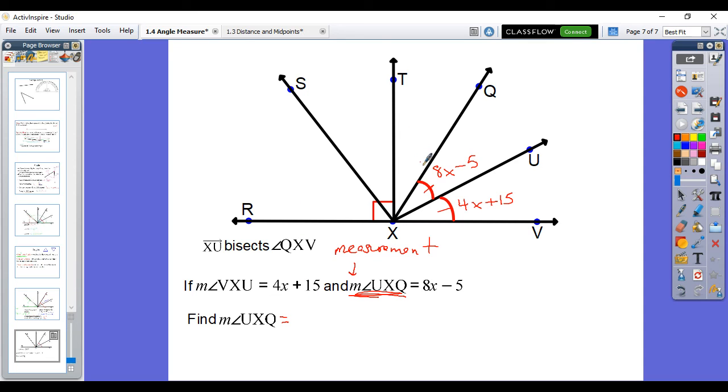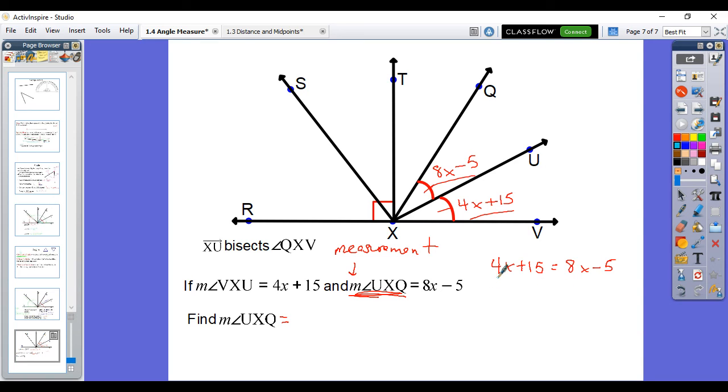So let's do that. Like we said before, these two equal each other. If the angles themselves equal each other, then the expressions they're equal to also equal each other. So we can say 4x plus 15 equals 8x minus 5. Let's do a little bit of algebra here.